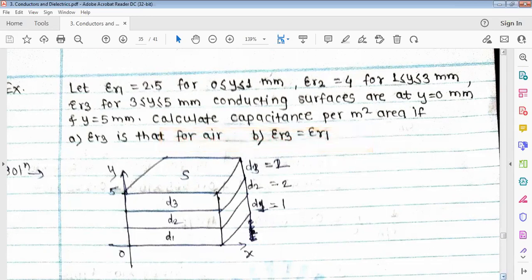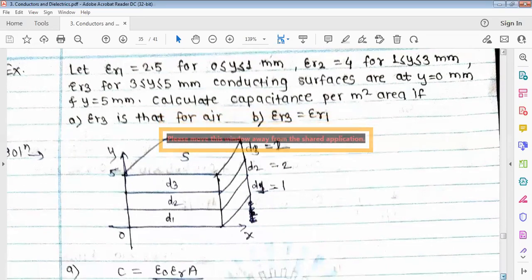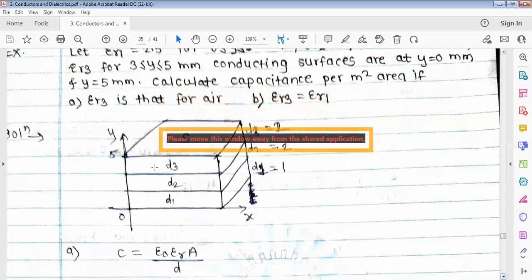So just take the formula, because here it is a parallel plate capacitor. So C is equal to epsilon 0 epsilon r into A divided by d. From this, just check whether you are able to solve this or not.